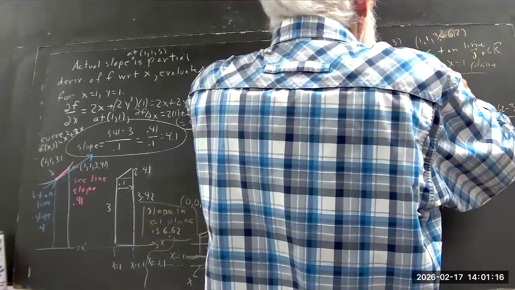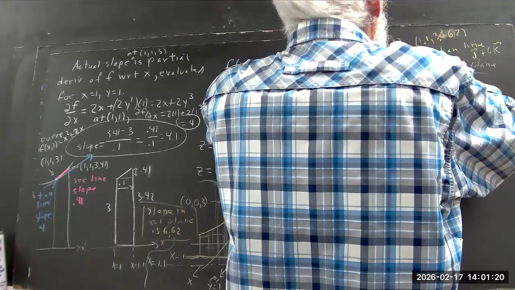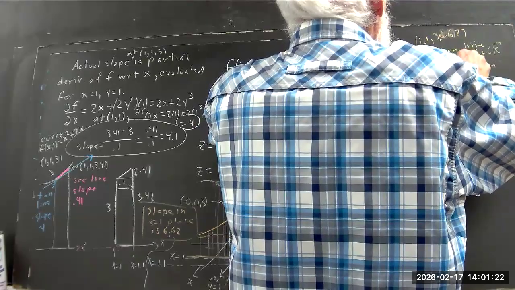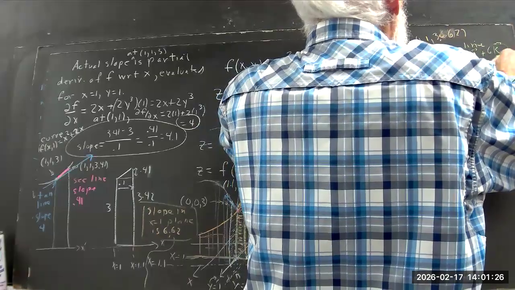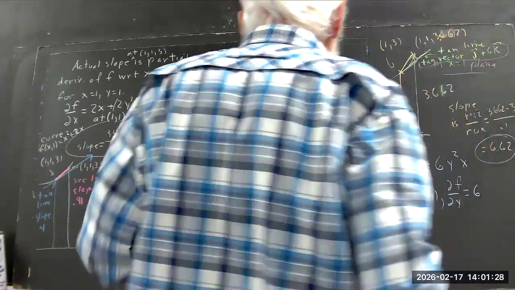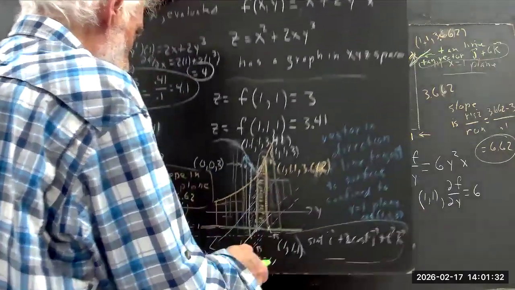Labeled just a little incomplete. There's the tangent line. The tangent vector is j plus 6k.